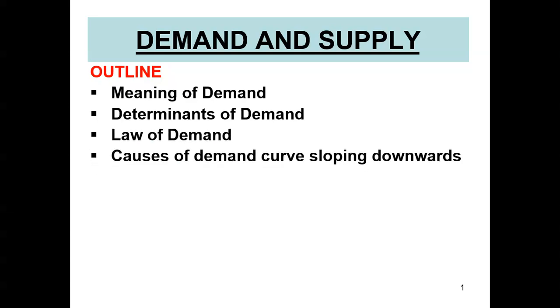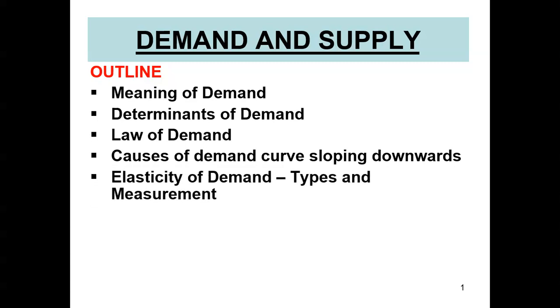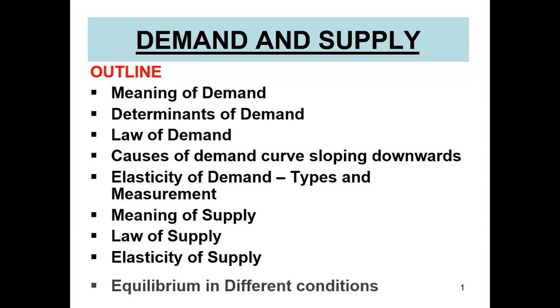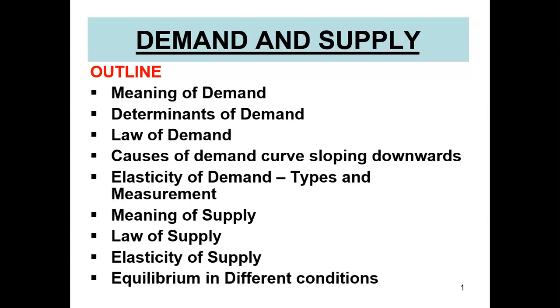What are the main causes for the demand curve sloping downwards? And what could be the elasticity of demand? What are its types and measurement of the elasticity of demand? And the meaning of supply, law of supply, elasticity of supply, and equilibrium in different conditions. So, I am going one by one in a detailed way.